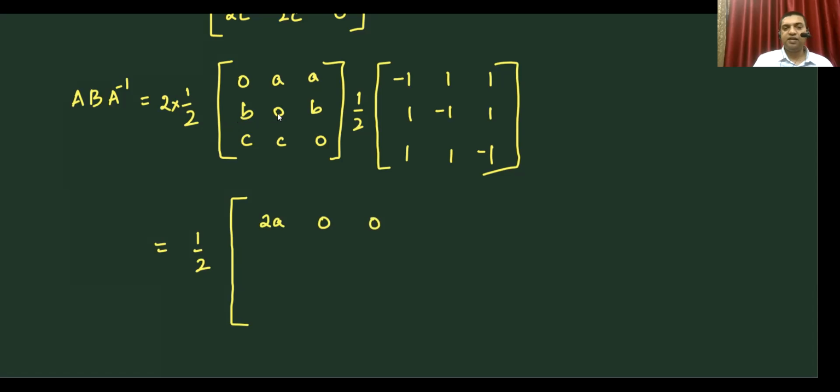Next, B, 0, B multiplied by the first column. You get minus B, 0, B, 0 multiplied by the second column, B, 0, B, 2B. Then B, 0, B multiplied by 1, 1, minus 1. So B, 0, minus B, 0. Then minus C plus C, 0. Minus C, 0, C, 0, 2C.